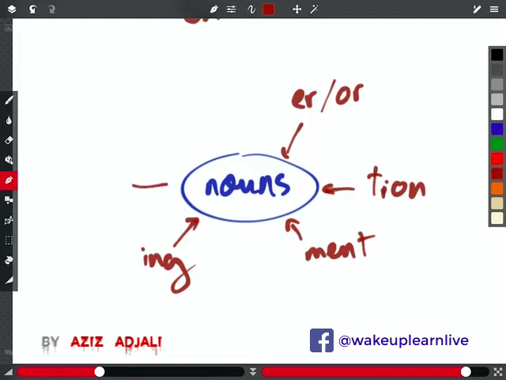We have ness: sadness, politeness, weakness, awareness, openness, calmness, all of these, we add the suffix ness to obtain the noun. And we have ty or ity sometimes, like morality, inferiority, quality, safety, modernity, civility, all of these they end with ty, so it becomes a noun.